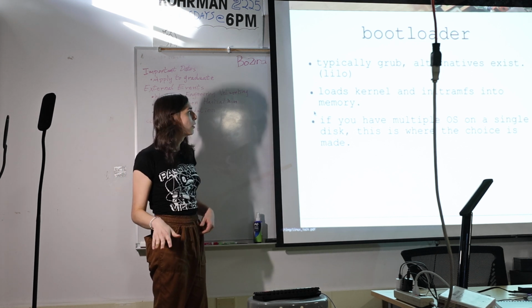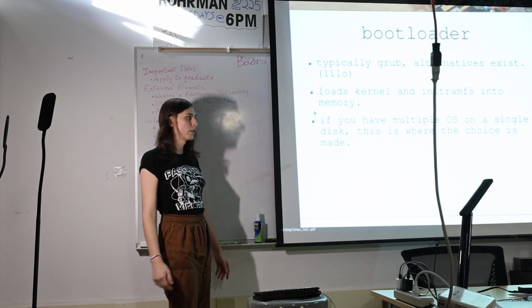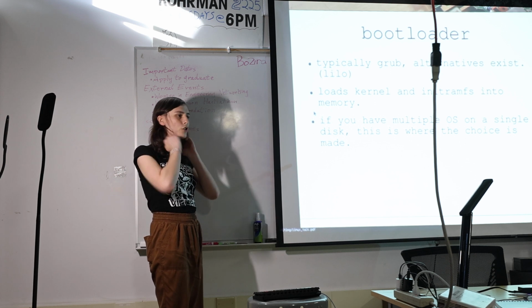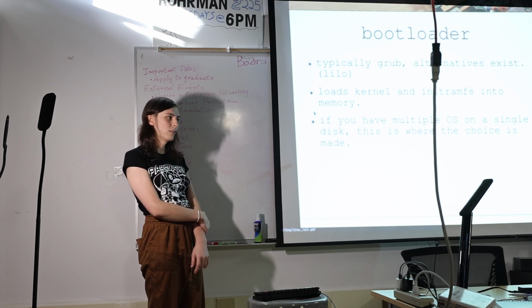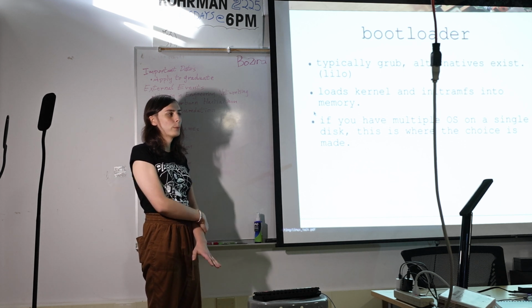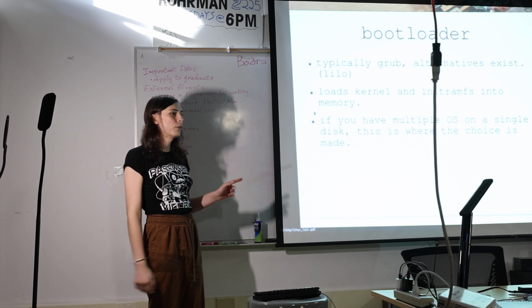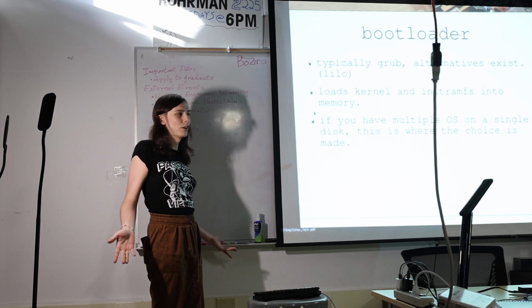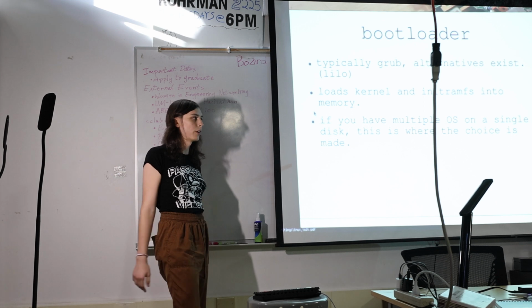It's not really important, but that's basically how it does it: it just starts reading the data from the first disk. What that does mostly is choose what kernel or operating system you want to use, because you can have multiple operating systems on one disk with multiple partitions, and you need a way to choose between them. You can also use older kernels, but typically you just choose, I want to load Parabola or Gentoo or whatever.